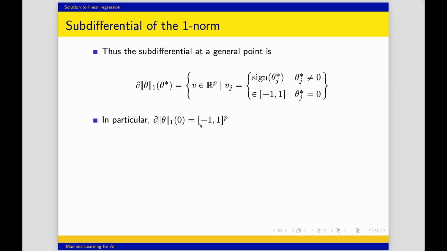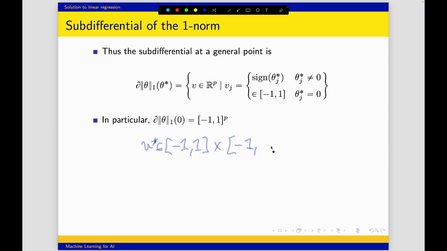Now, if they're all 0, then what we have is this product space here. Basically, any V star lies in this space, minus 1 to 1, times this Cartesian product, minus 1 to 1, times dot dot dot, times minus 1 to 1. And what does that mean? Well, it's any tuple.